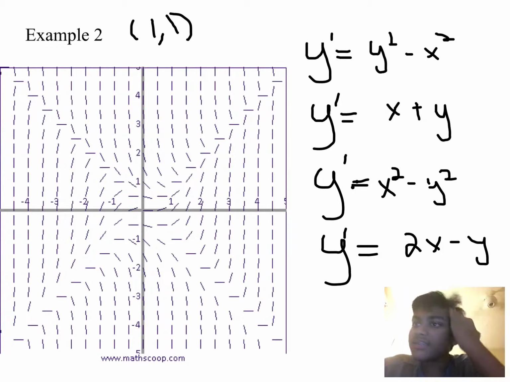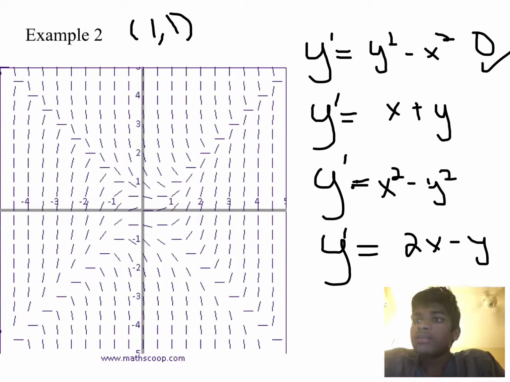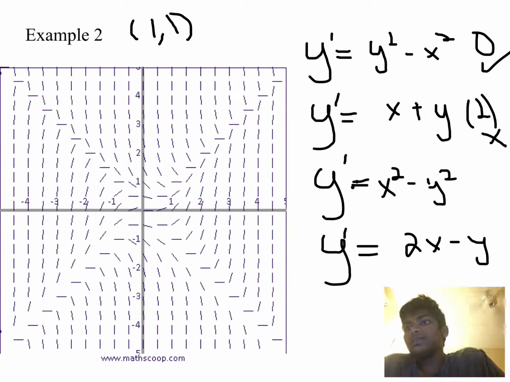When we test it, we get y prime of function 1 is equal to 0, which matches the graph, so that's a check. Then we can check the next one, so it's 2. That does not match the graph, so we can cross out this equation at that point.